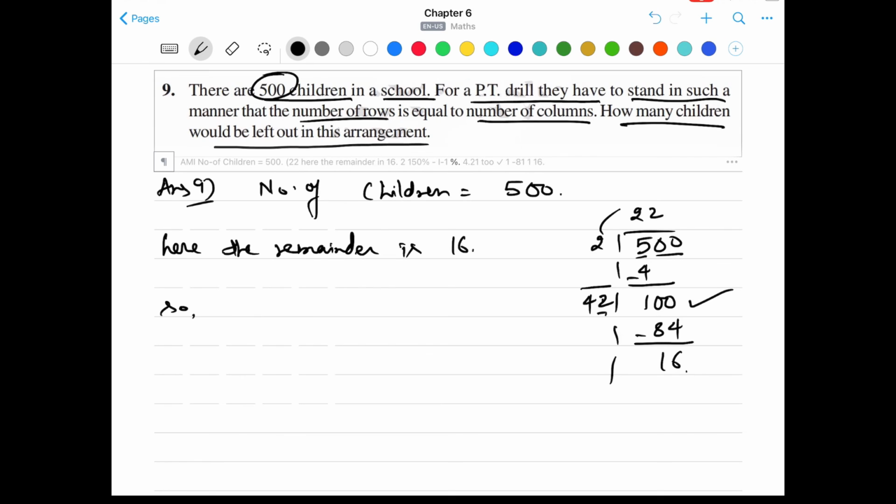So there will be 16 students left out for making this arrangement.